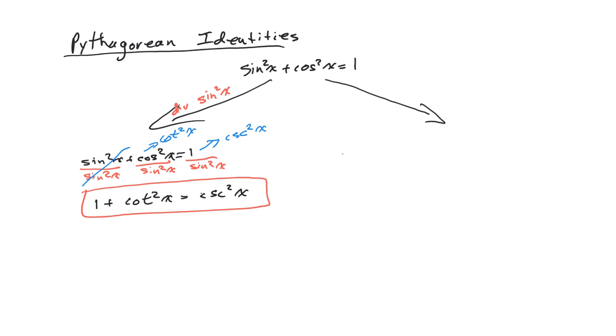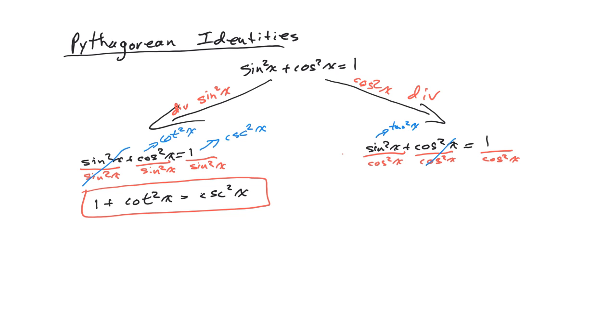The next kind of calculation we can do is we can divide everything by cos squared x. Now, in doing so, you're going to get something that looks like this. And by dividing by cos squared x, we have some interesting things happen. Again, this time we have sine squared x over cos squared x, which is really sine over cos all squared, which is really just tan squared x.